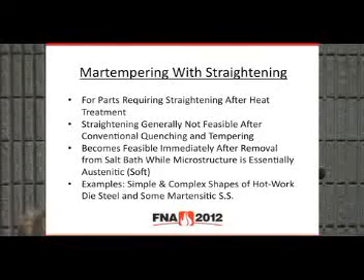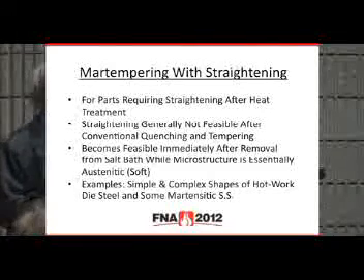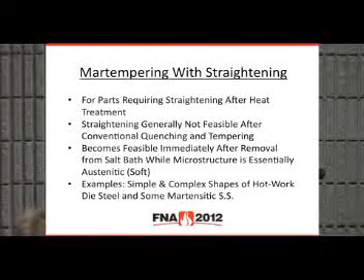Another variation of martempering is when mechanical straightening is carried out. There are some parts that require straightening after heat treating is done. And if you have completed quenching and tempering, then doing this straightening is very difficult and sometimes impossible without breaking the part.